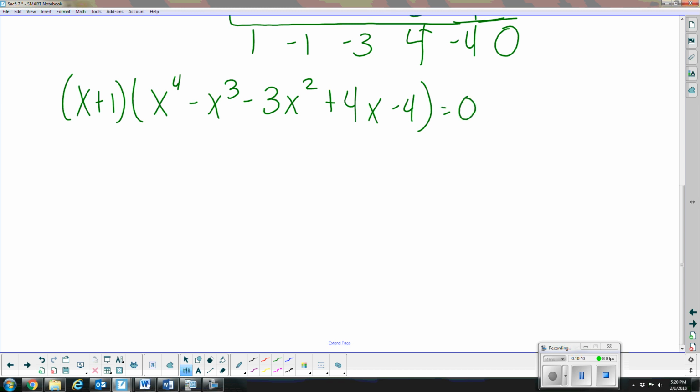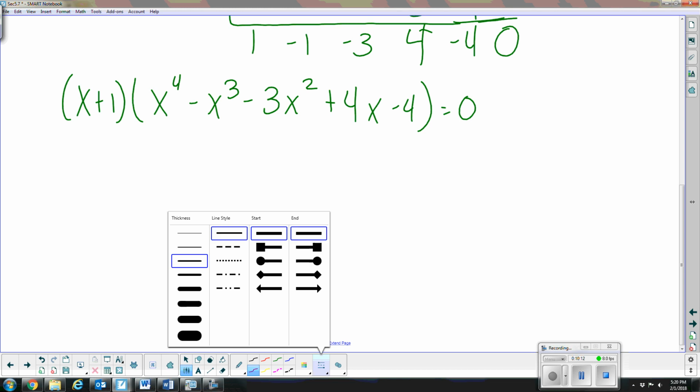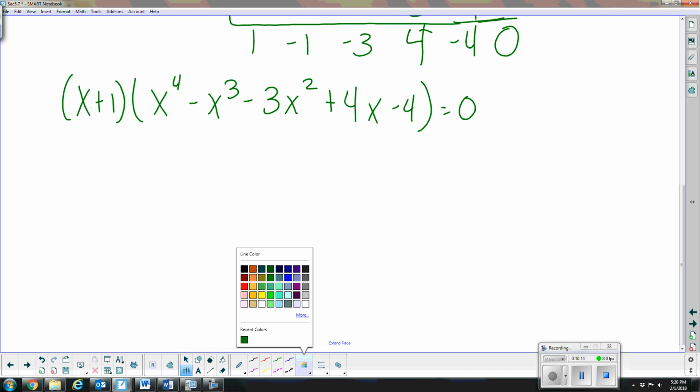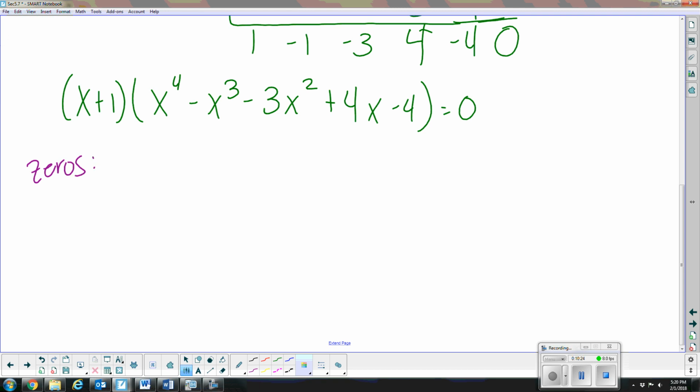So now let's look at my potential zeros. So I have 1 zero, I'm looking for 4 more. So my zeros, which are my p over q again, are plus or minus 1, plus or minus 2, or plus or minus 4.